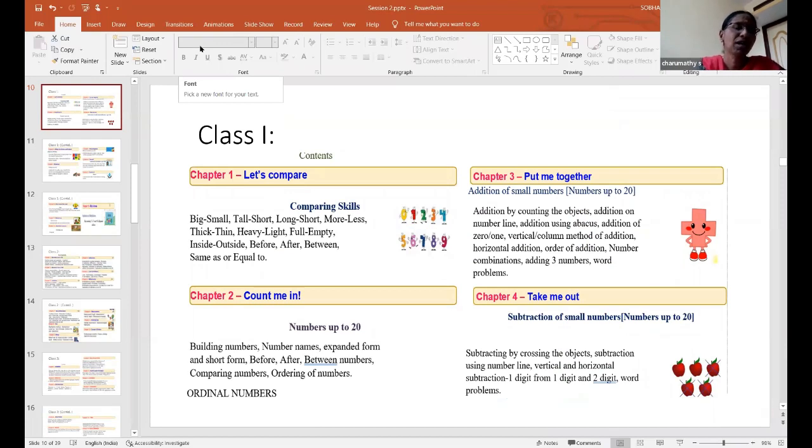When we talk about heavy and light, they would understand that these refer to weight. These are only represented pictorially, nothing using numbers or anything else. All these, before, after, between, same as or equal to, inside, outside, full, empty, are only pictorially represented.